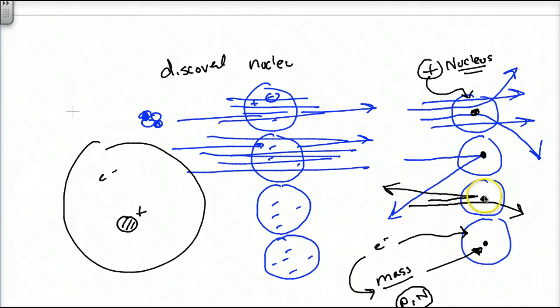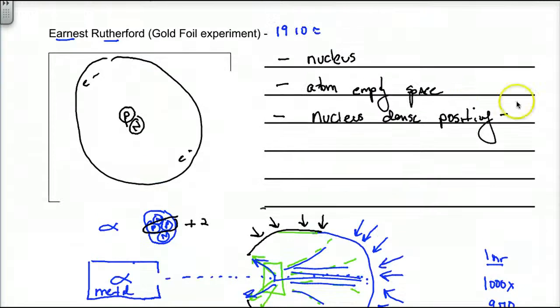Why? Because the nucleus is so small. The rest of the particles went right through. So he discovered that the atom is mostly empty space. The nucleus is positive, and the entire mass of the atom is in a dense core where all the mass is located.